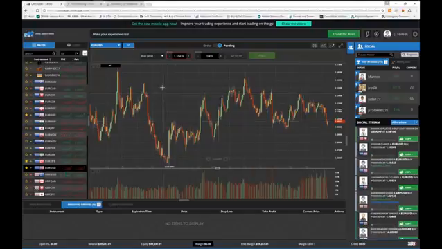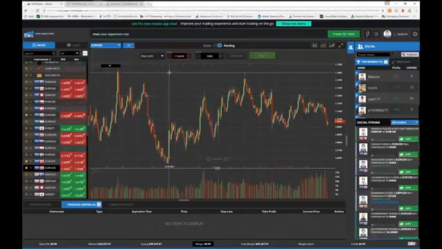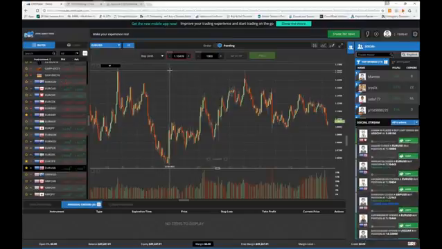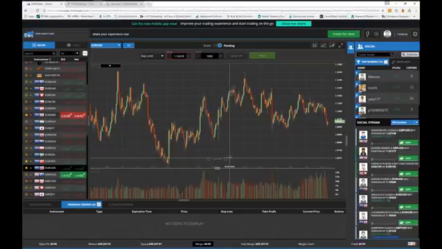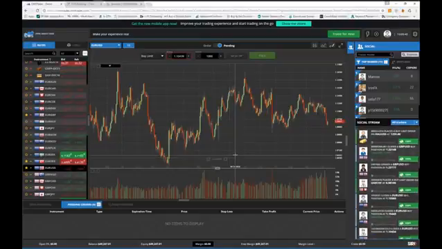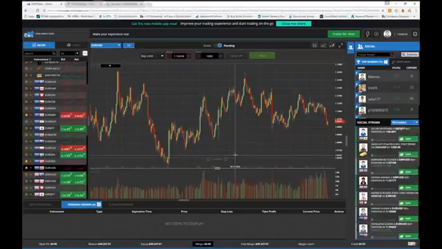So in this range, this is a range bound asset. I would be looking to sell near the highs and looking to buy near the lows until the market breaks one way or the other and tells me that now we're going the other way.